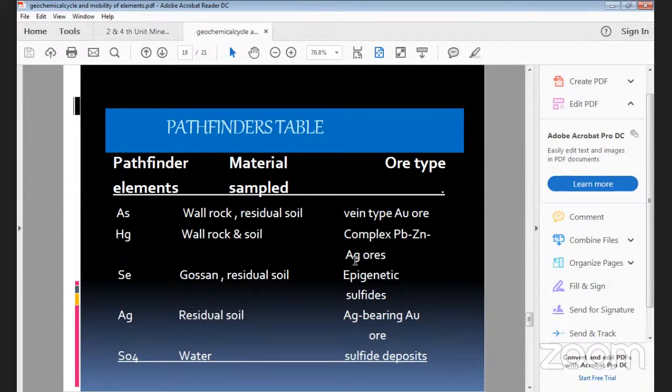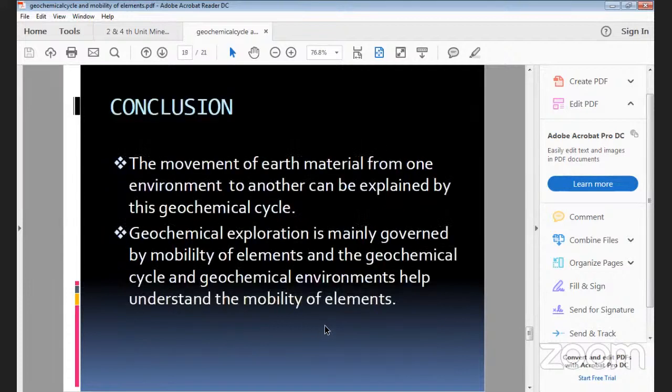And for selenium, we see selenium in residual soils and epigenetic sulfides, and silver in residual soil helps to find silver bearing deposits and sulfates. So we collect water samples, and we will get the sulfide deposits.